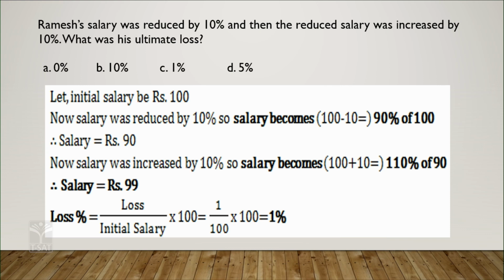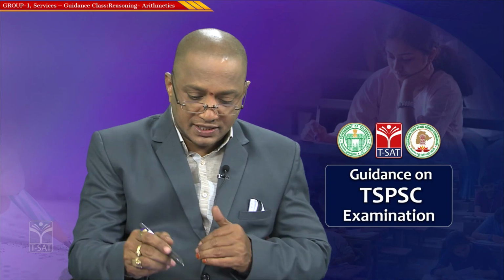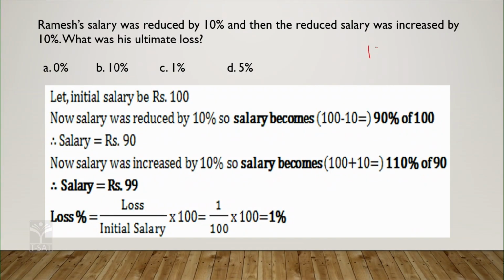So, for example, say 100 rupees. Ramesh's salary is 100 rupees. How much was it reduced? 10%. 10% was reduced, means 100 minus 10 is 90. Is it clear? First, Ramesh's salary is 100 rupees. 10% is reduced, means 10 rupees reduced, so his salary is 90 rupees.